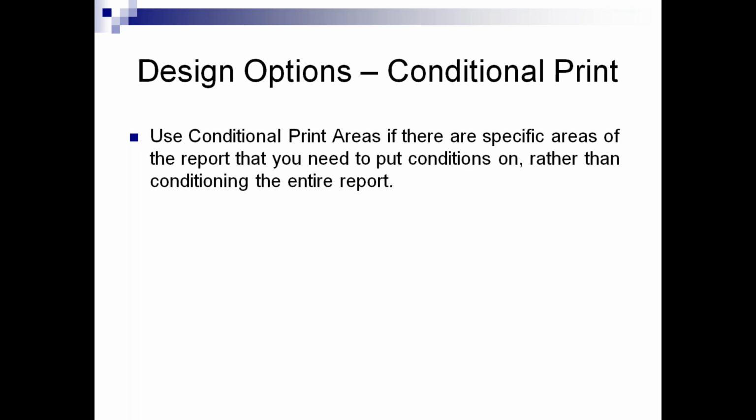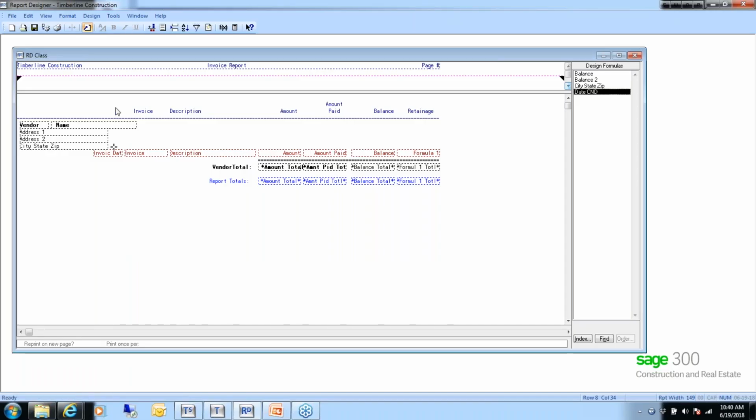Instead of assigning a condition to the overall report, you want to set a condition on a specific column in a report. So let's go back. All right, so we're going to change our view again down here to conditional print areas. So right here we're seeing that there are none. This navy blue means that there are no conditional print areas here. So let's see what kind of an example we can use here.